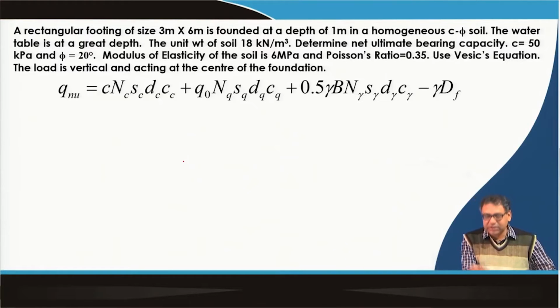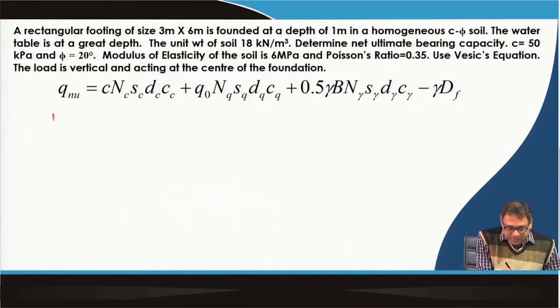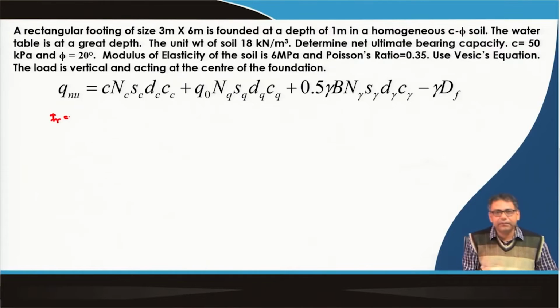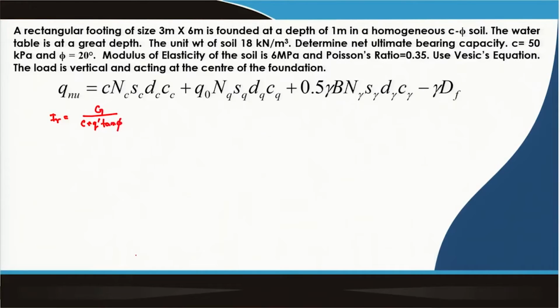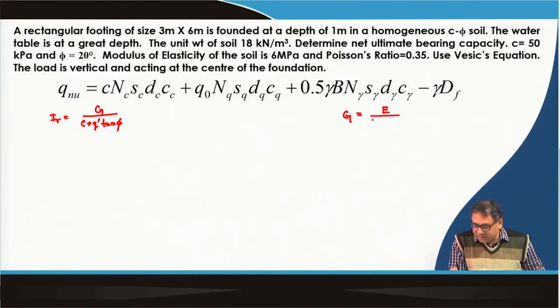Okay, so, this is the equation that I have discussed. First I have to calculate the IR, which is the rigidity index. That value is given by G divided by C plus q dash tan phi. Now here E is given, so from E I can get the shear modulus. That is, G is equal to E divided by 2 into (1 plus mu).